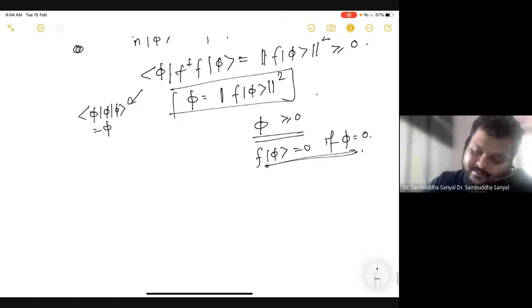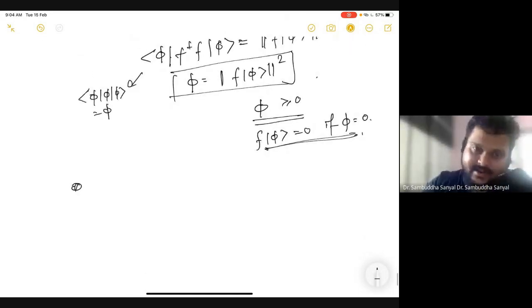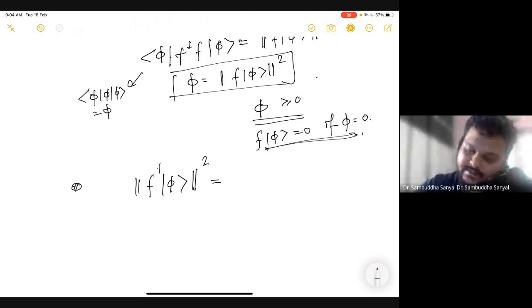So this operator will have the unique property that if phi is 0, right? So I can write this f dagger phi also, because f and f dagger, if I reverse it, will be the same thing.